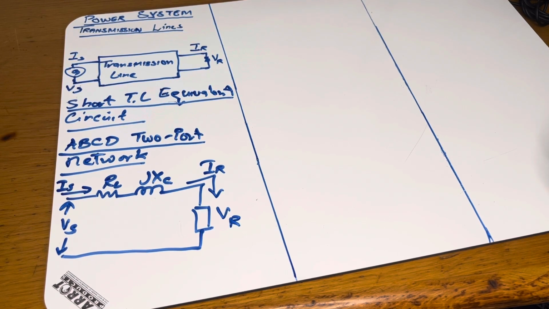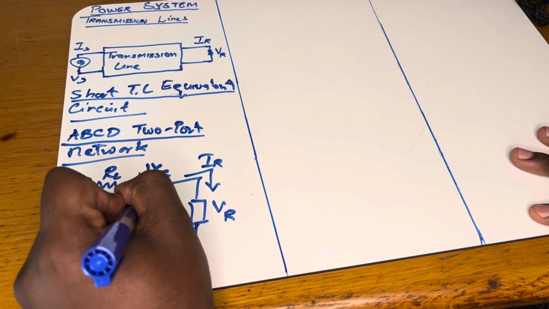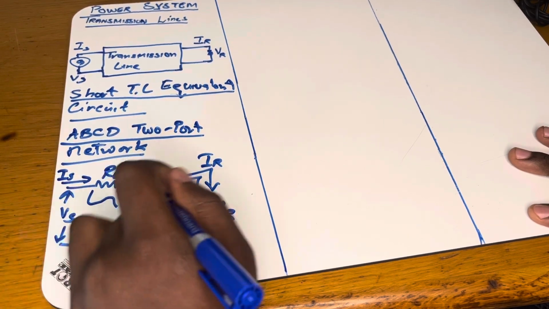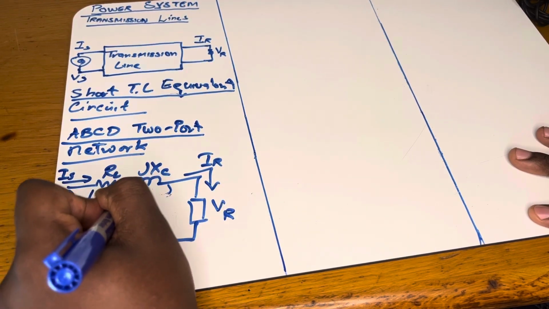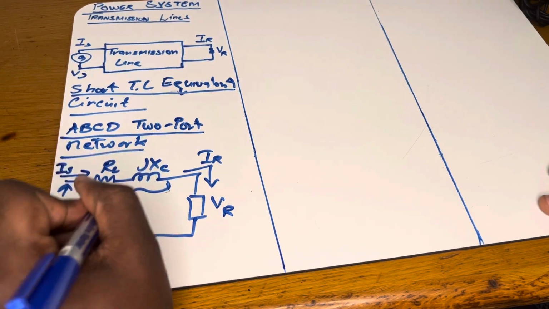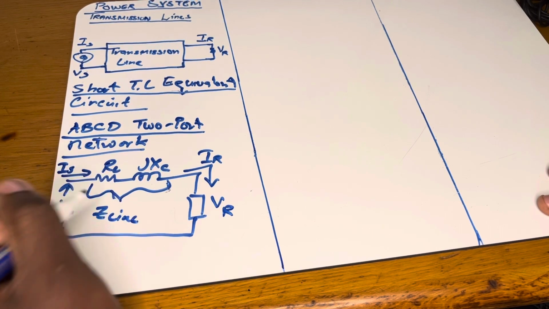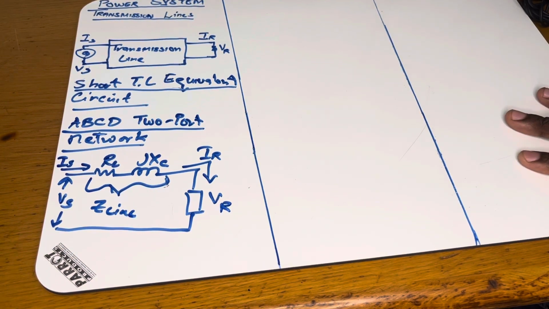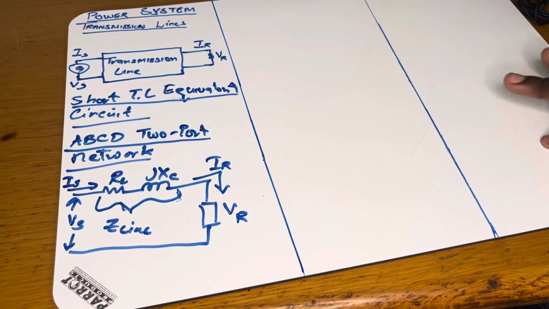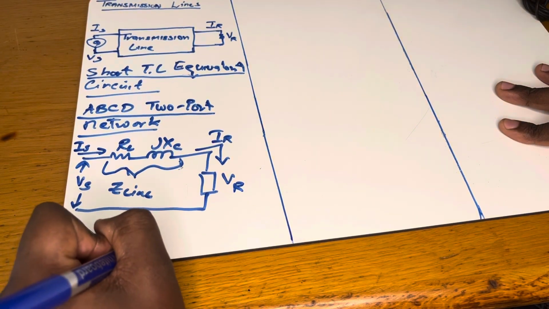So we can clearly see on this diagram that we have these two combinations, the resistance of the line and the inductance of the line, as the impedance of the line. Okay, so Z line, this is how you write the impedance of the line.